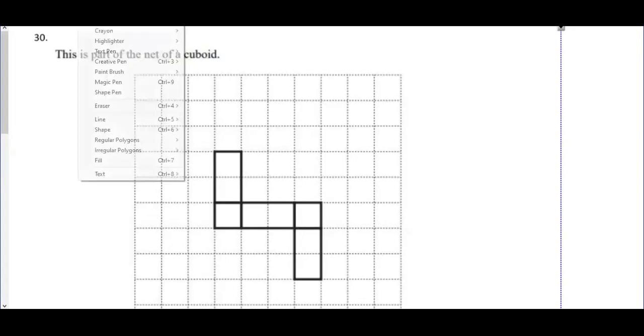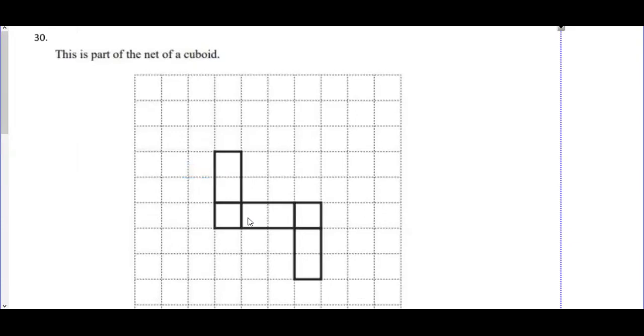So I'm gonna try to get my tool here and draw. Let us try to see which face is missing. This face here is the same as this face down there. This face, which is one by one, is the same as this face.